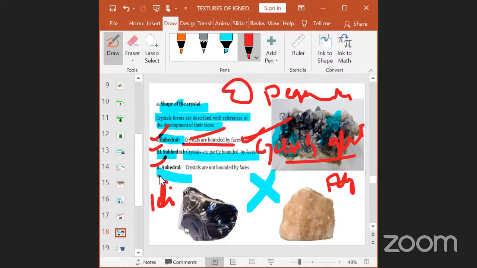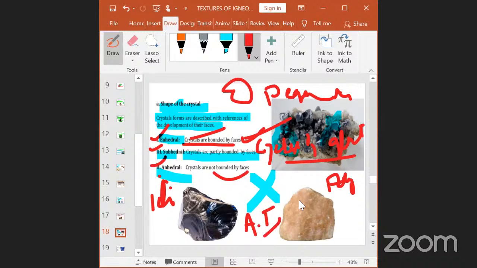And anhedral. This term is used for mineral grains lacking crystal outlines. When the majority of the grains are anhedral, the resulting texture is known as allotriomorphic granular texture, also called xenomorphic granular texture.